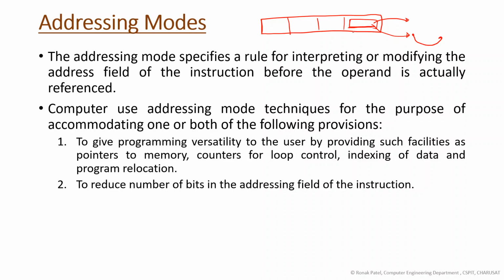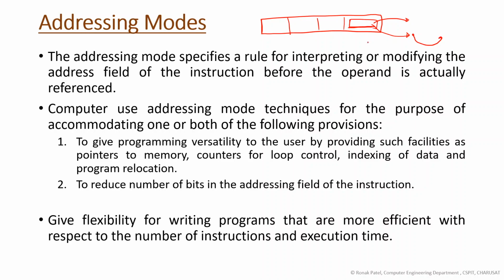Rather than that, if you just specify the location, and that location gives you the operand, it may be possible that the operand size is large, and that can be accommodated, and at the same time you can reduce the size of your instruction. It also gives flexibility for writing programs that are more efficient with respect to the number of instructions and execution time.